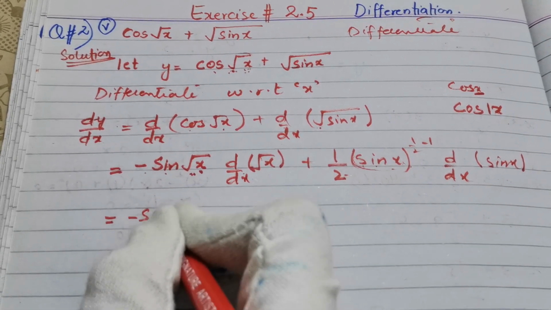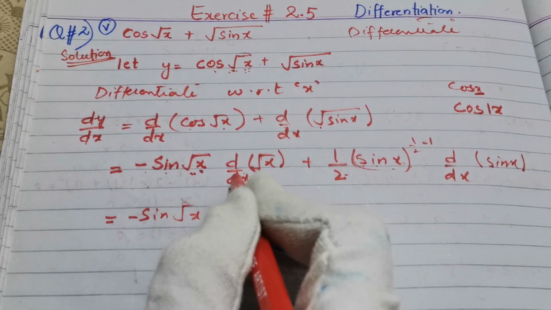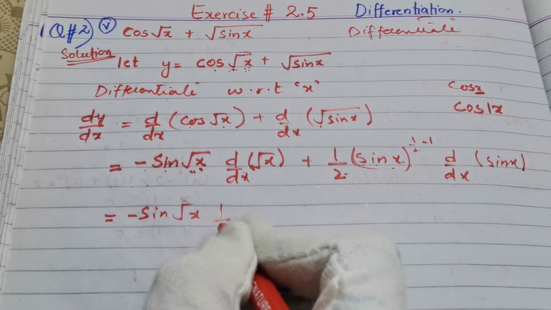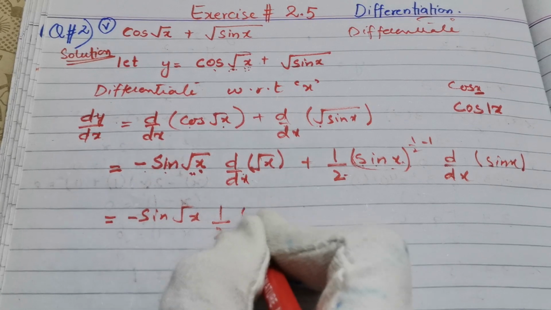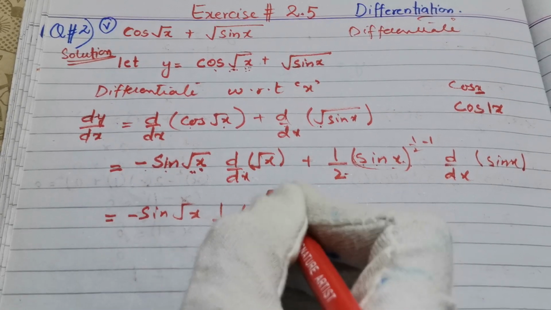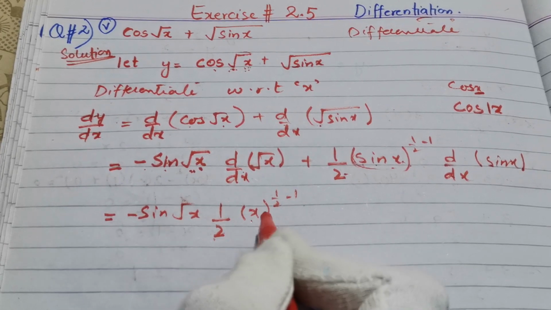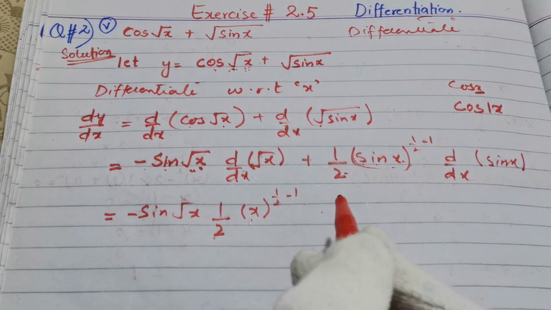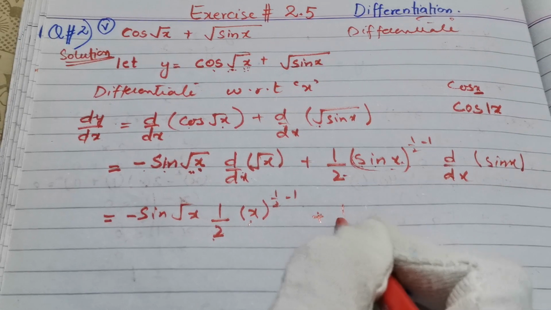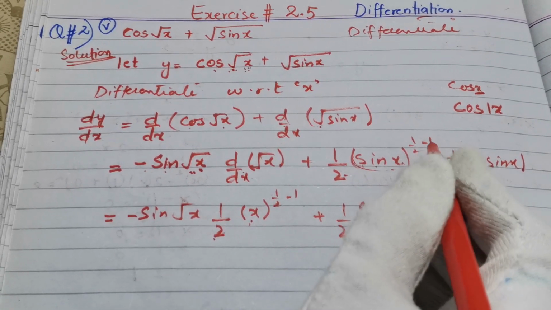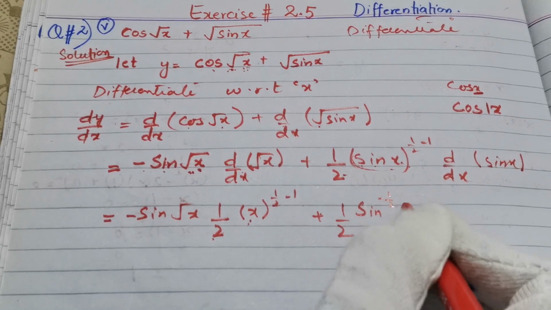Now minus sine under root x, derivative of under root x is, here we apply power rule. According to power rule, n is 1 by 2. X is simple as n x n minus 1. Now this is simple x, and derivative of x with respect to x is 1, so there is no need to write 1. Plus 1 by 2 sine, 1 by 2 minus 1 by 2 become minus 1 by 2x.